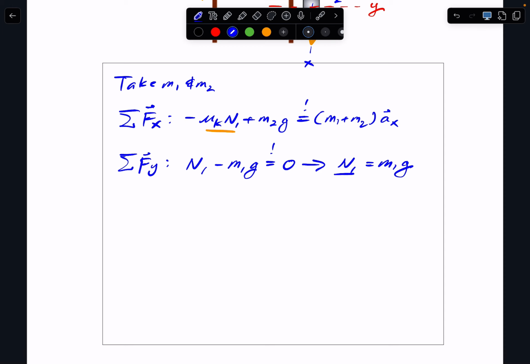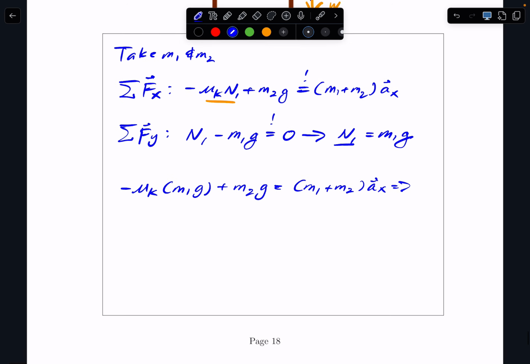We're going to plug this N1 back into the x equation. So we get negative mu k times M1G plus M2G equals M1 plus M2 times the acceleration. Does that make sense? Great.